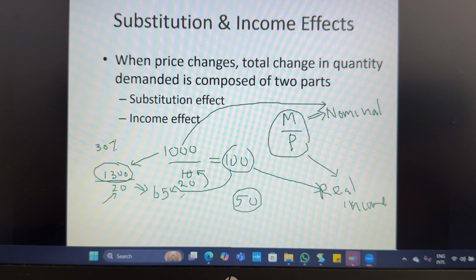Then you can position yourself according to the real income. Even though income has gone up by 30%, your real income position deteriorated. It was earlier 100, now it is 65. Okay, so that is what the income effect is.